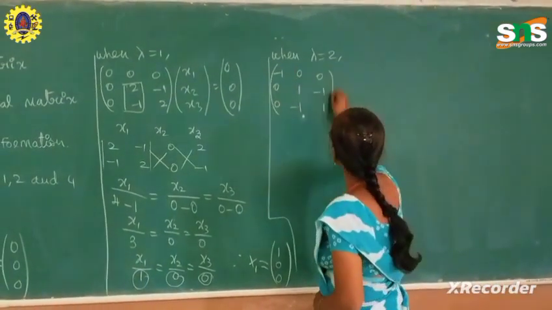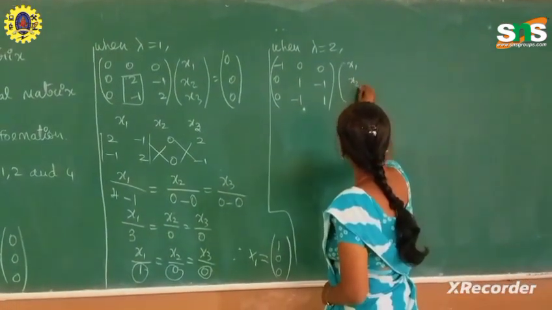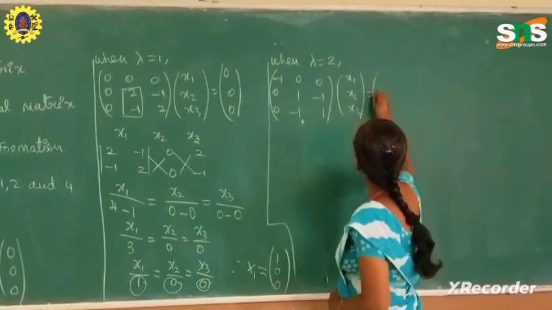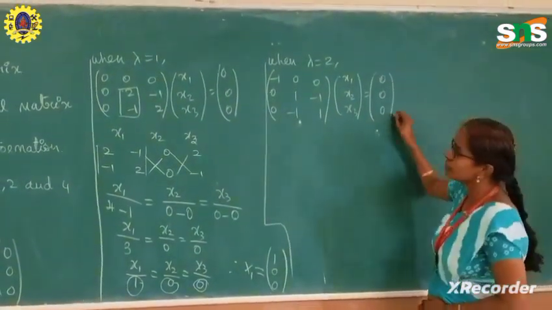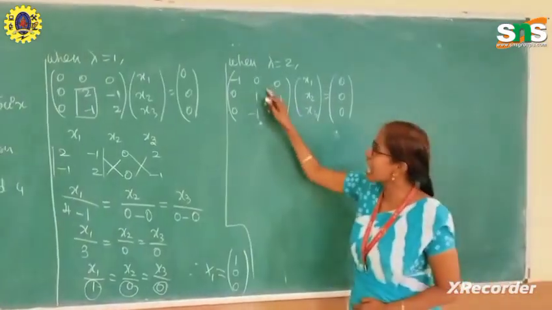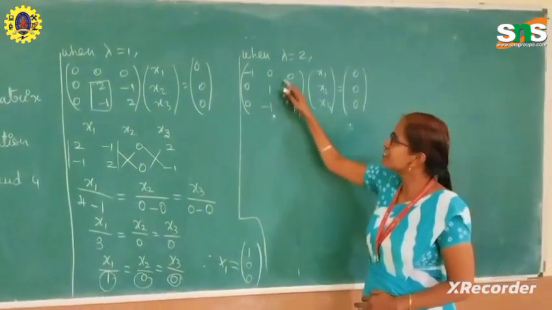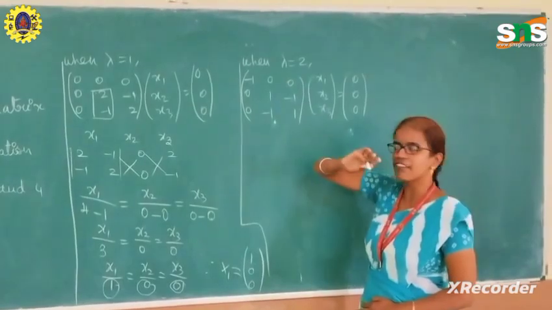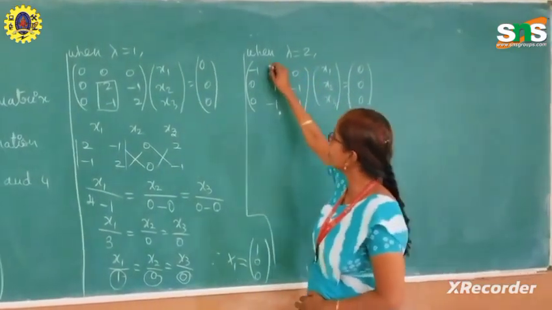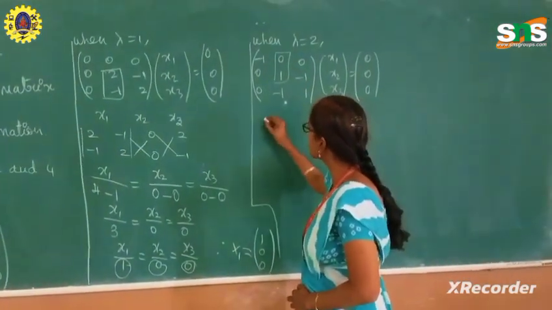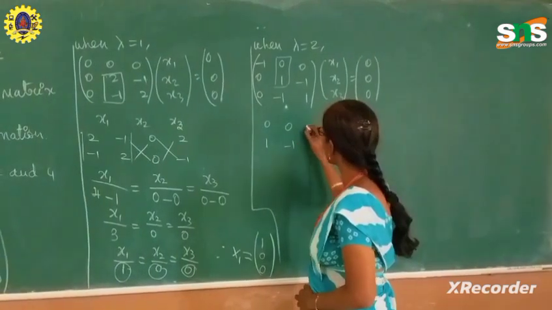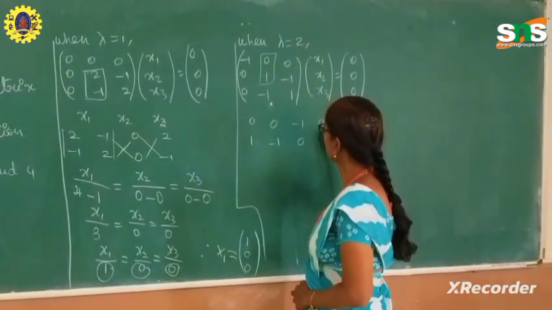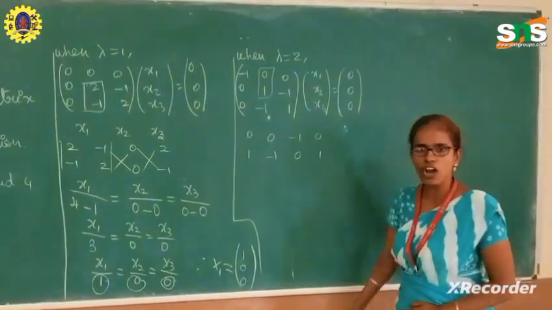Then into x1, x2, x3 equal to 0, 0, 0. Now we go for first and second rows, to see if they are same or different. It is different, so we can choose first and second. We start here. So 0, 1, 0, minus 1, minus 1, 0, again 0, 1. This way we choose the elements.